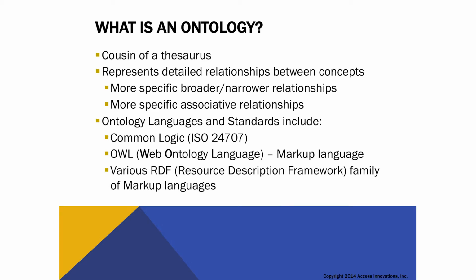So what is an ontology? In the language of knowledge management, it's a cousin of a thesaurus, but it has more detailed relationships. Instead of just broader and narrower terms, it has more concretely defined terms.